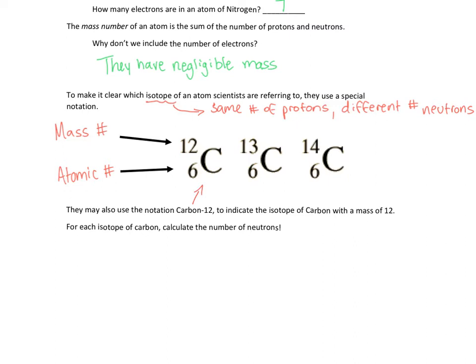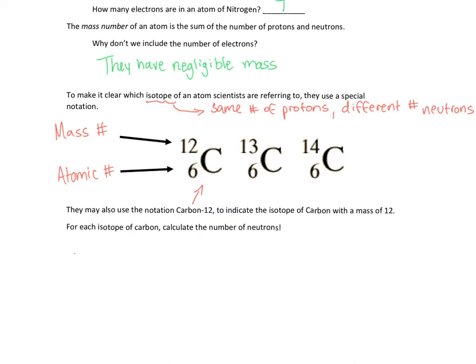So for each of these isotopes of carbon, you can calculate the number of neutrons, right? If you have the mass number and you have the atomic number, you can go through and do this calculation. I'm going to do way too much work to show this calculation. The expectation is not that you will also do this much work.